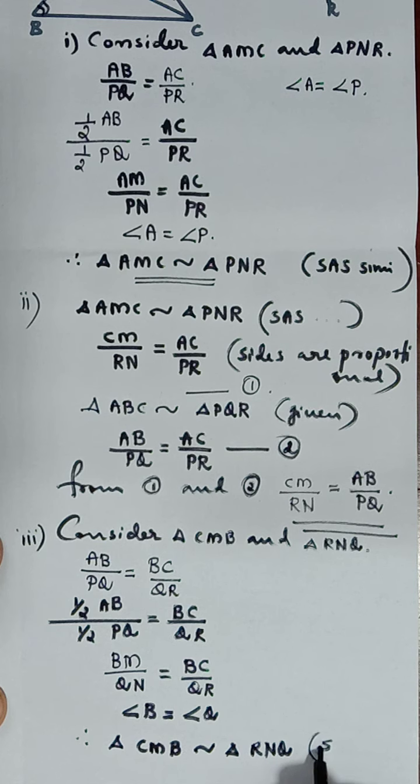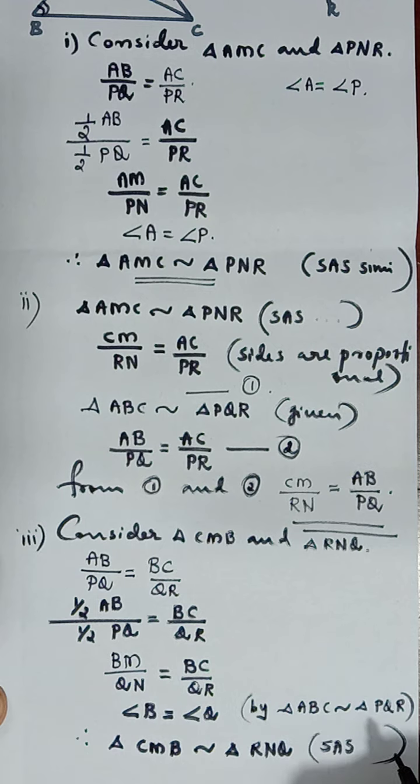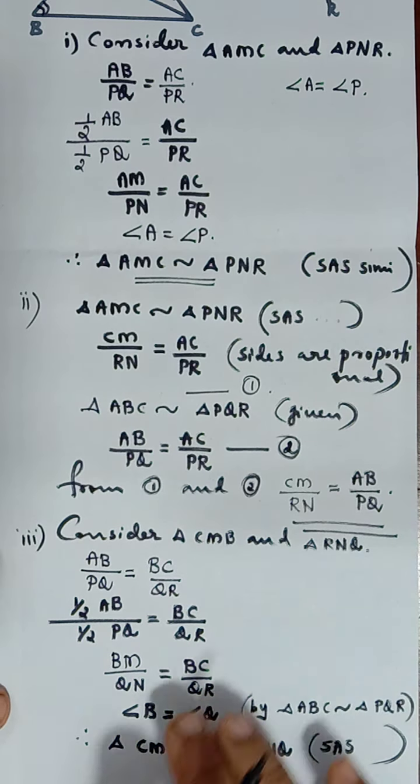With similarity, isn't it the SAS similarity criterion? By SAS similarity criterion, these two triangles are similar. So this is how we have to prove.